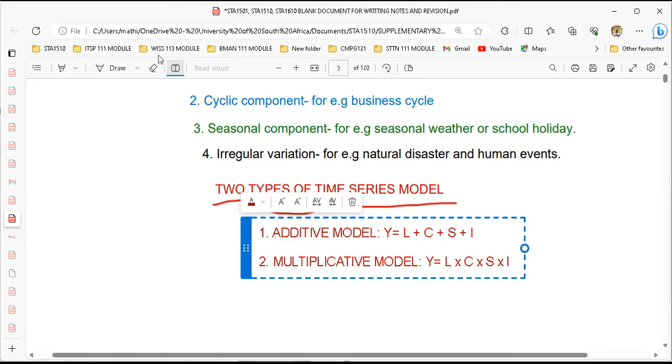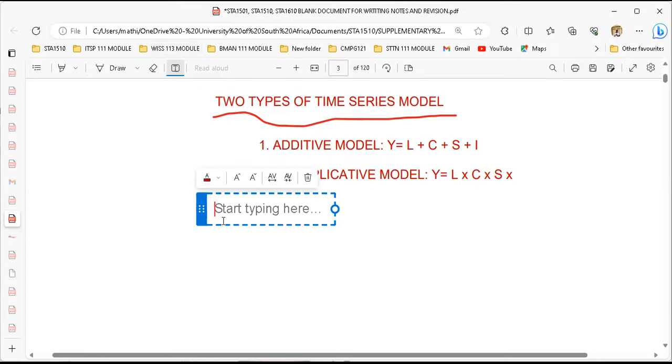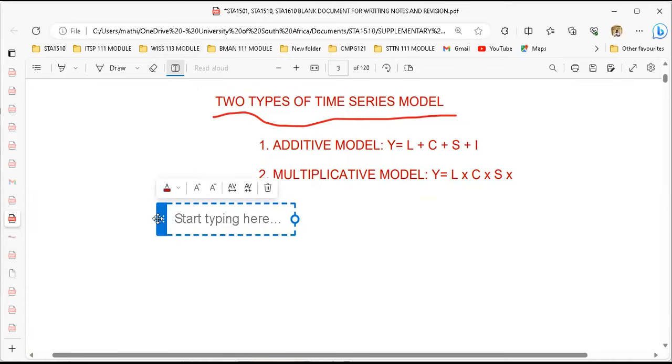Two types of time series model, and then we're done with that. Okay, now let's move to the long-term movement, the least squares.